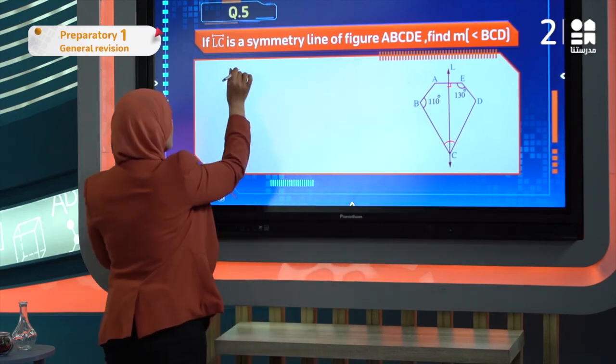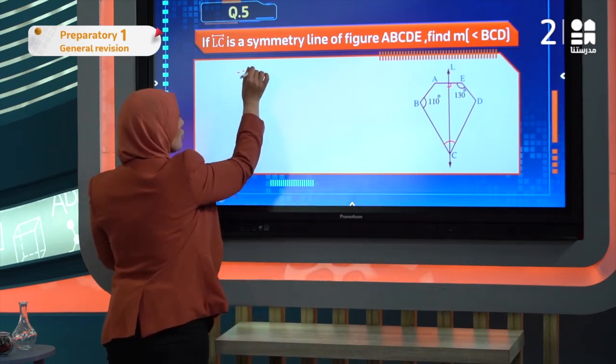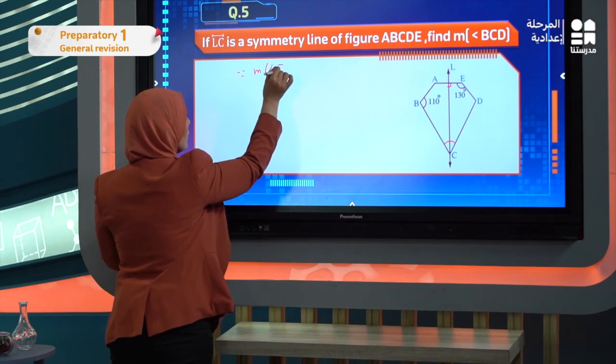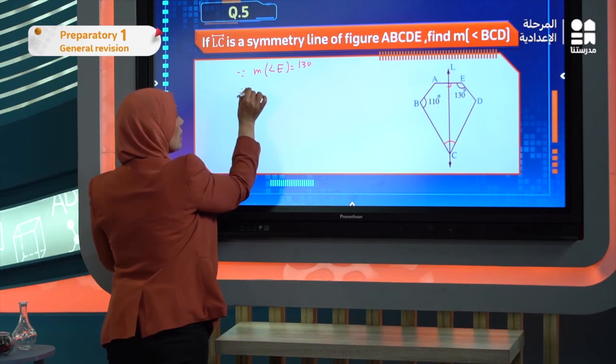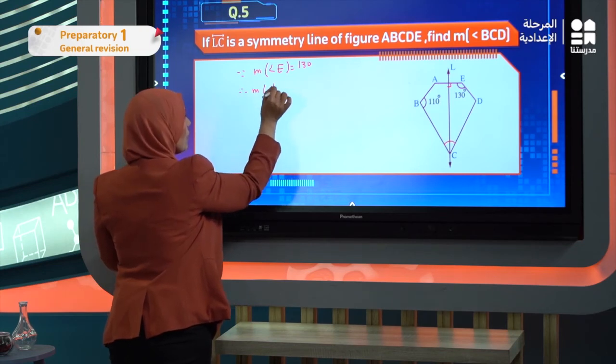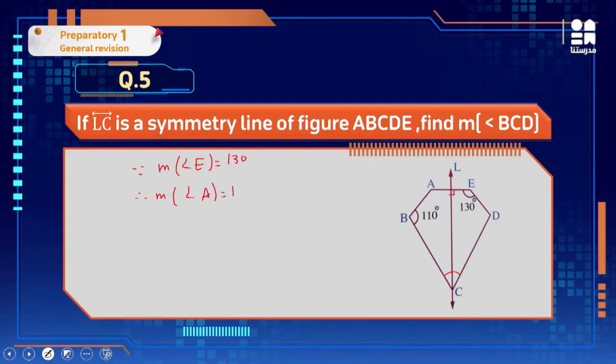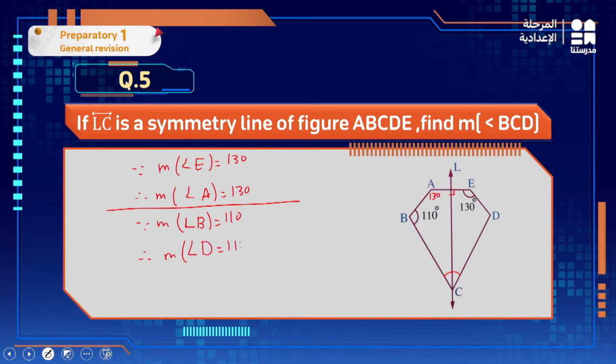Since the measurement of angle E equals 130, therefore the measurement of angle A is 130. And since the measurement of angle B is 110, therefore the measurement of angle D is 110.